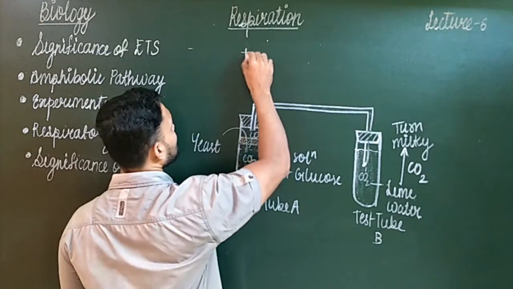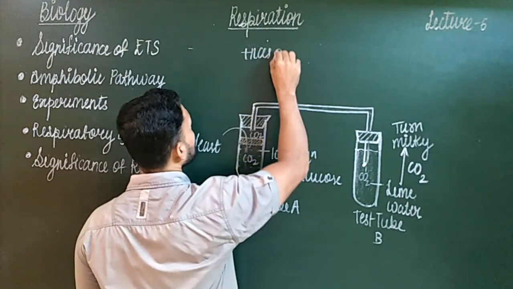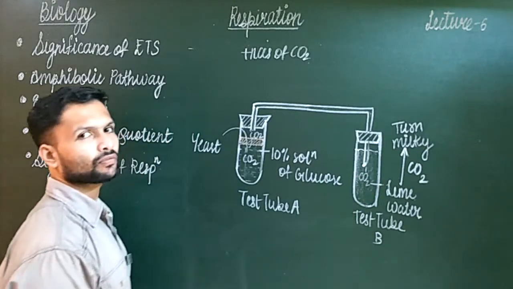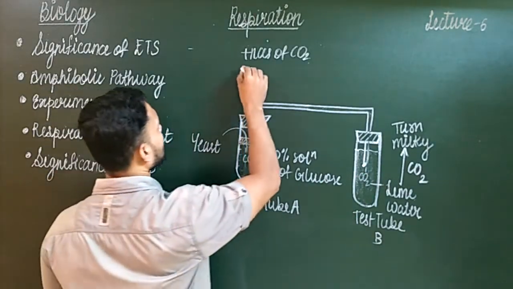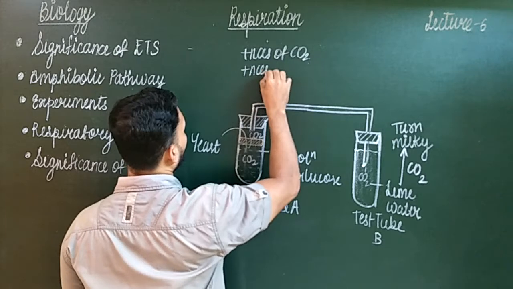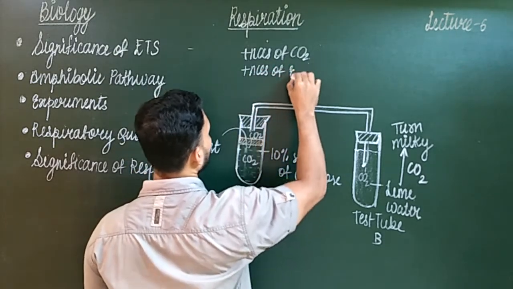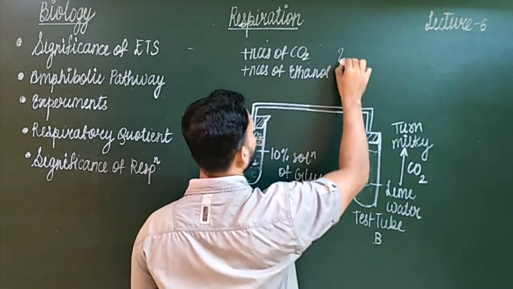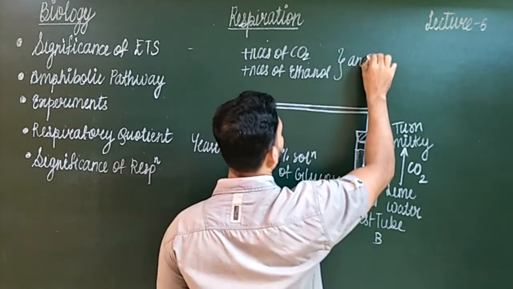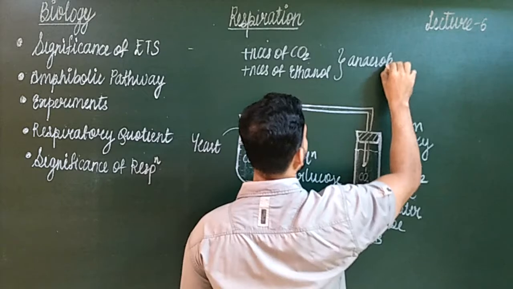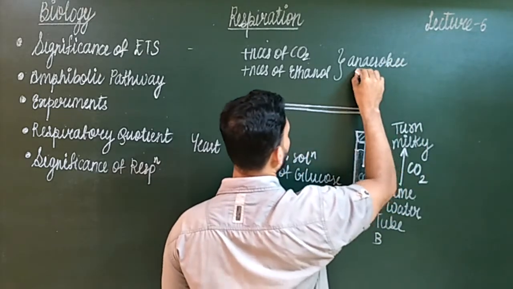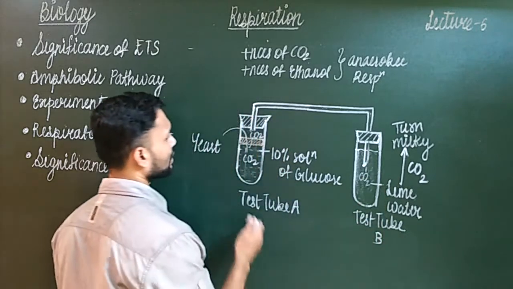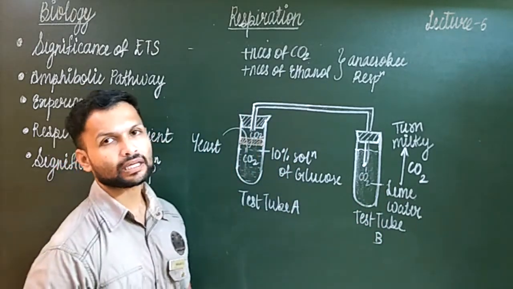So the presence of CO2, which can be easily seen when lime water turns milky, and the formation of ethanol in test tube A, confirms that anaerobic respiration took place. Fermentation, you can call it, was done, and this is how yeast has performed anaerobic respiration.